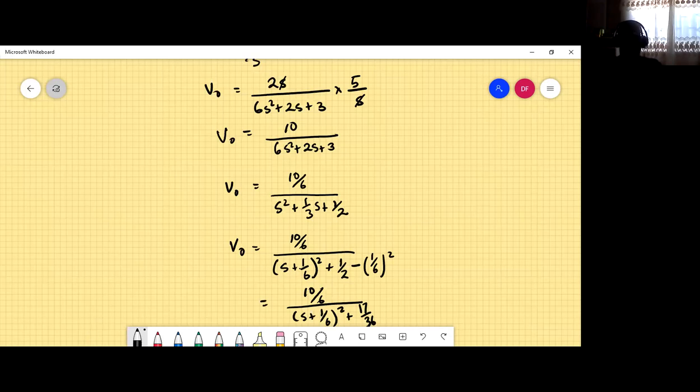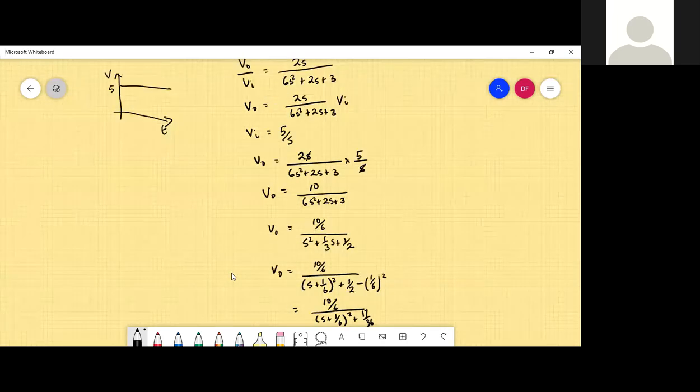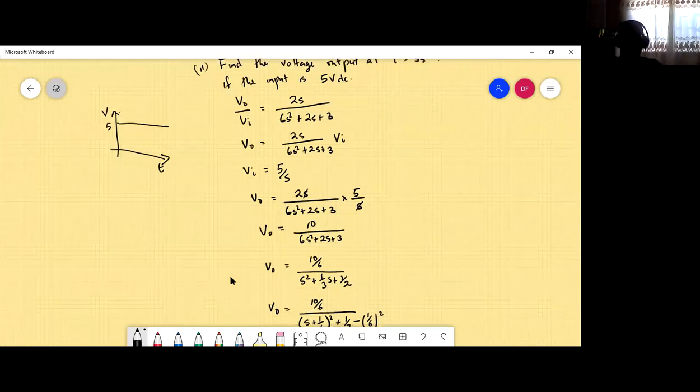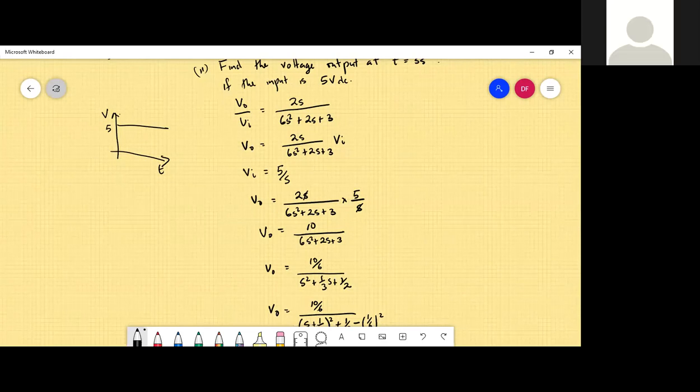So now I'm going to go to the Laplace transform table. Sir, could you go back out so we can see it from the top? Zoom up. All right, sir, that's good. Okay.